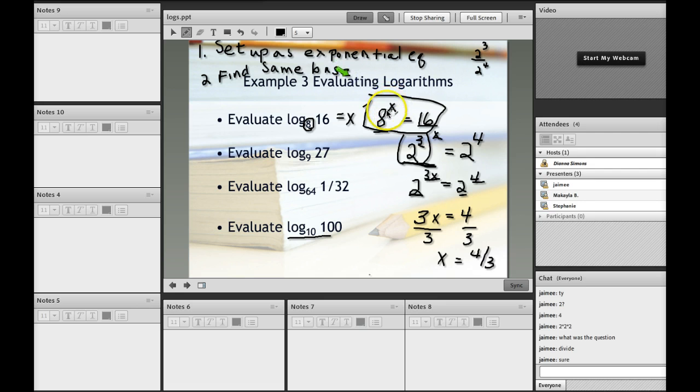Sometimes you just have to put these into a calculator. And then once you do that, you're going to set the exponents equal to each other. Okay, so here we did step 1, here we did step 2, and then here we did step 3. All right? Okay.